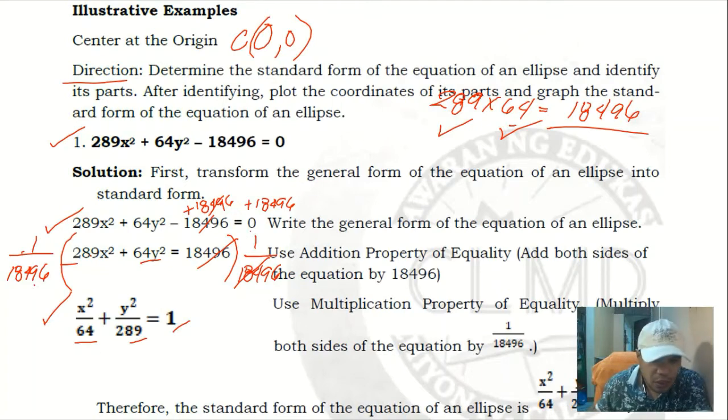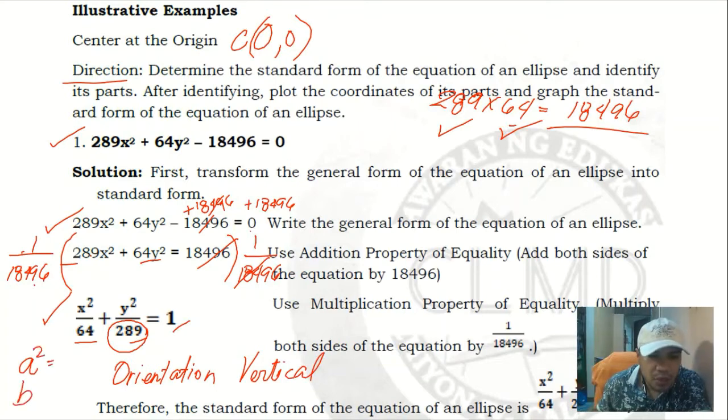And we will try to check, nasaan yung bigger number? Makikita natin na yung bigger number is under y. Therefore, ang orientation is vertical. So the bigger number will be A squared, and the smaller number is B squared.